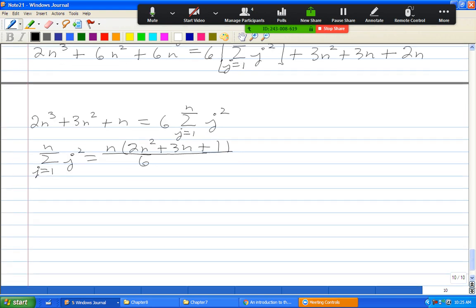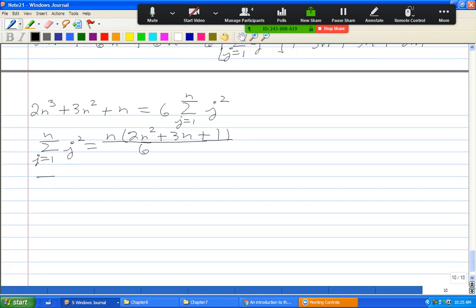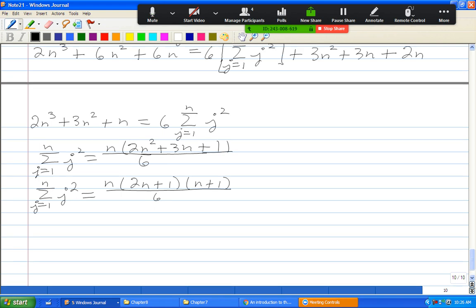But I can factor that last term. So this is equal to n times 2n plus 1 times n plus 1 over 6.